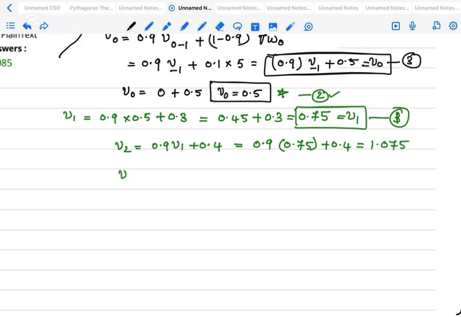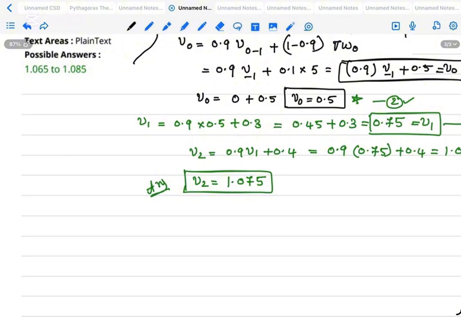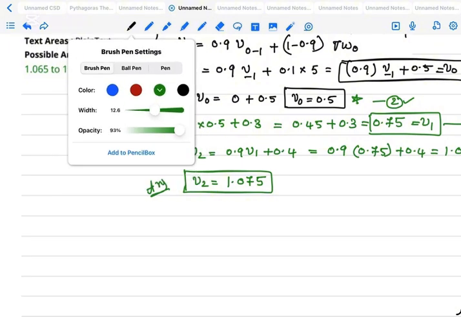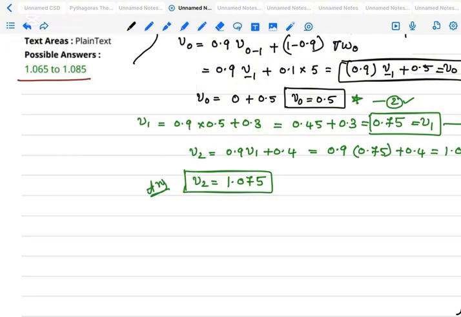They are asking in the question to find the value of V2. Its value is 1.075. So this is the answer for this question. So the answer is in the range 0.652 to 1.085.